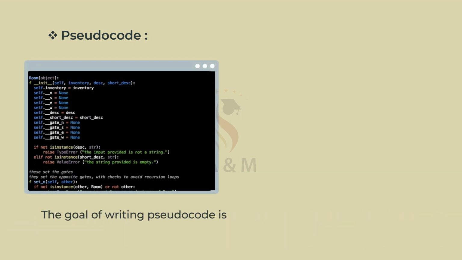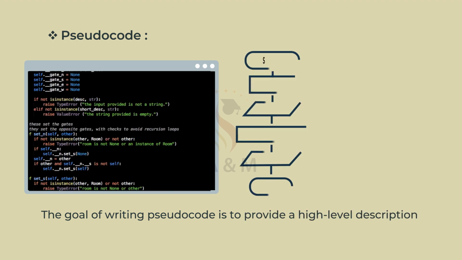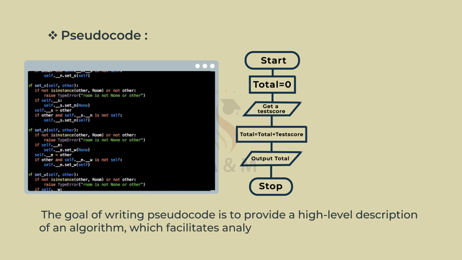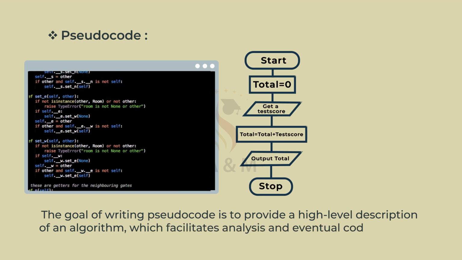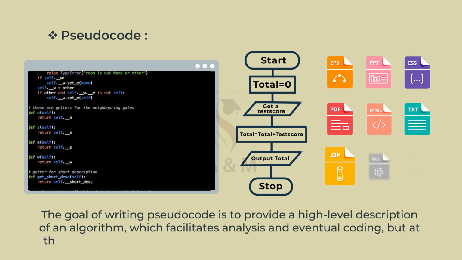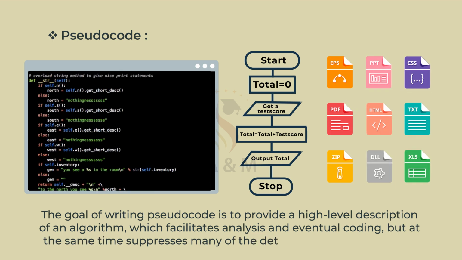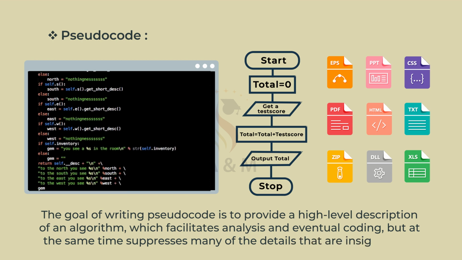The goal of writing pseudocode is to provide a high-level description of an algorithm which facilitates analysis and eventual coding, but at the same time suppresses many of the details that are insignificant.